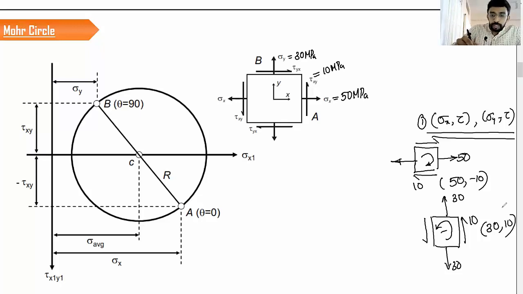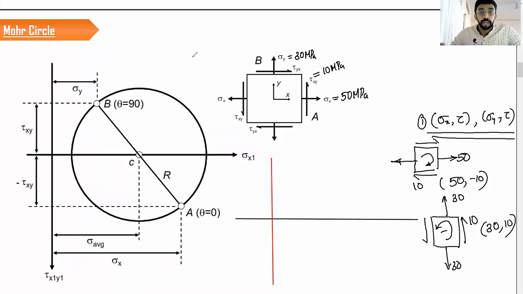Now the second step is, we are going to draw two axis systems. So this is going to be the y-axis, and this is going to be the x-axis. Another important thing is that you take the same scale for the x as well as the y-axis. That means this is sigma and this is tau.